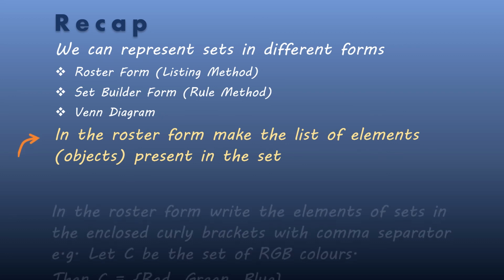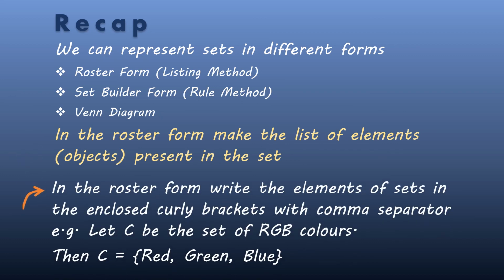Write the elements of the set in enclosed curly brackets with comma separators. For example, if C is the set of RGB colors, then C is left curly brace red, green, blue, right curly brace.